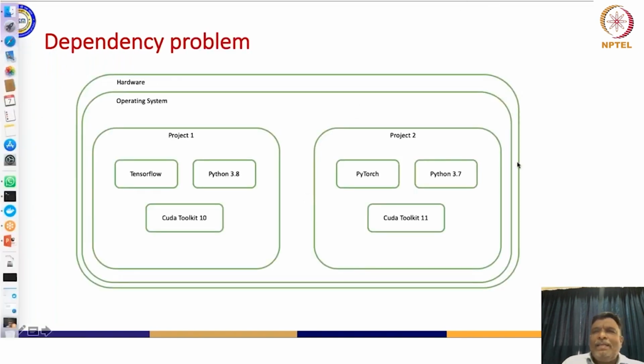So let us try to understand this dependency problem, what it is. If you see this, this is the common shared hardware on the slide, right? It can be a cluster, it can be a DGX, it can be a system which has multiple GPUs. On that, you would be running an operating system, and that operating system will have to run certain projects which you would like to do.